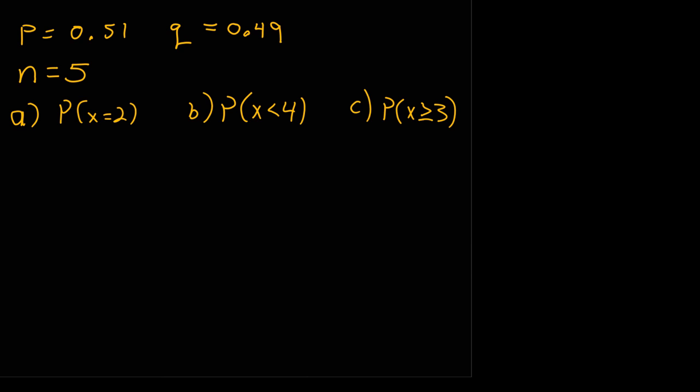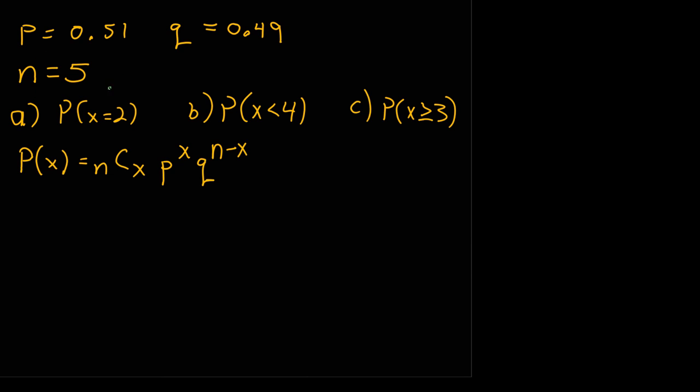So on our TI-30, our formula for the binomial distribution is nCx times p to the x times q to the n minus x. Once we enter this once on the calculator, we can use our up arrows to get all of the probabilities that we need.